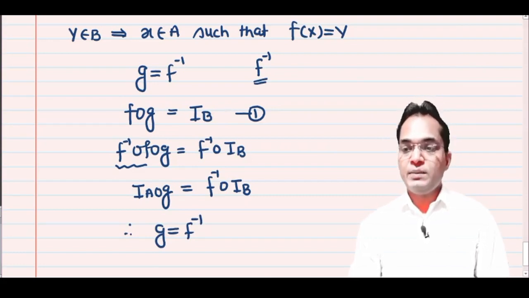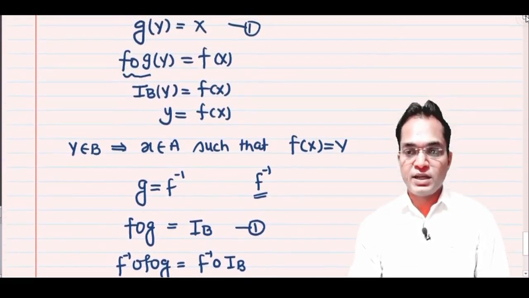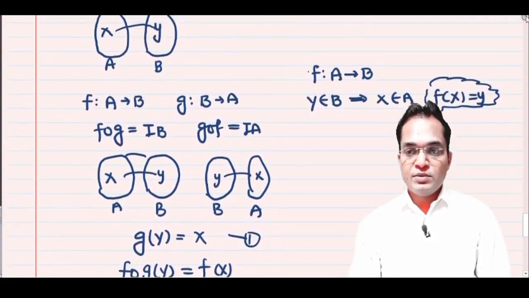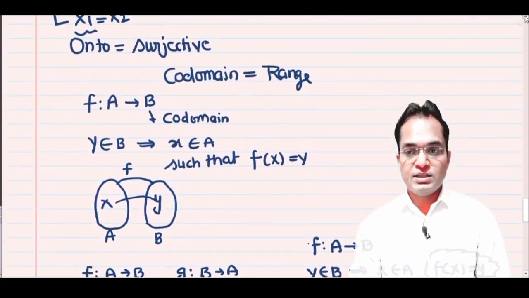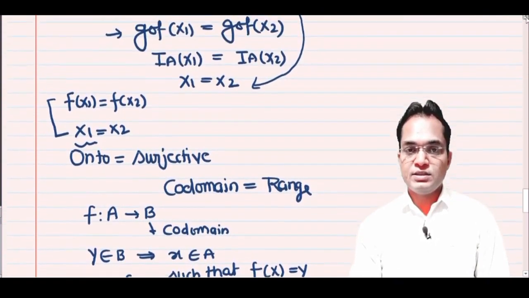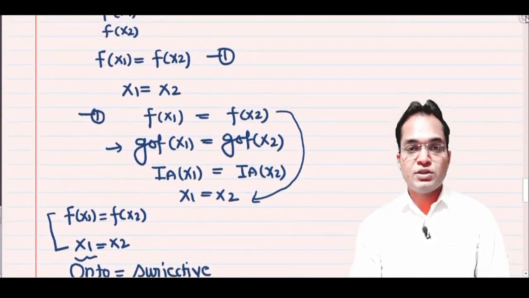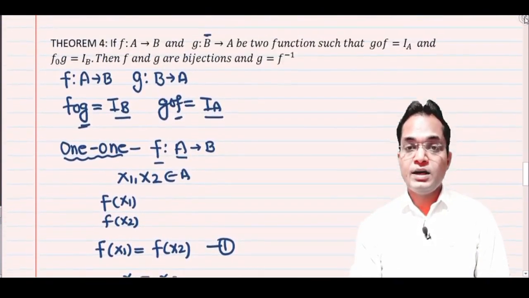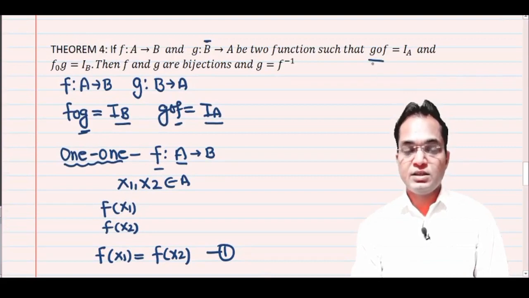Okay, तो फंडामेंटली हमने क्या क्या देखा उसमें एक बार हम लोग इसको समराइज कर लेते हैं. थ्योरम नंबर 4 का जो स्टेटमेंट क्या था, that f and g are the two given functions and the composition of both the functions is the identity function, it is given. Only this much information is here, and by the help of this information you have to prove that f and g are bijective functions and g is the inverse of f.